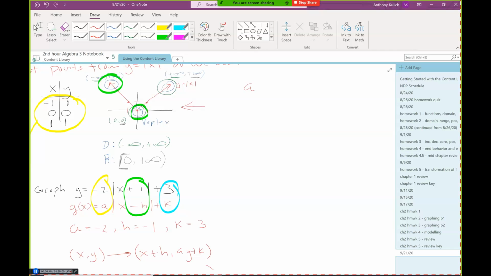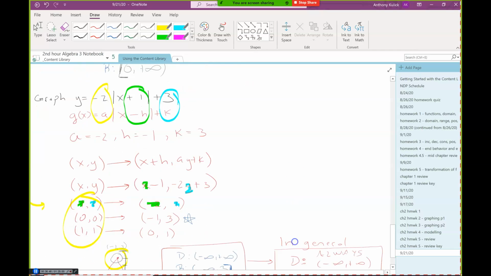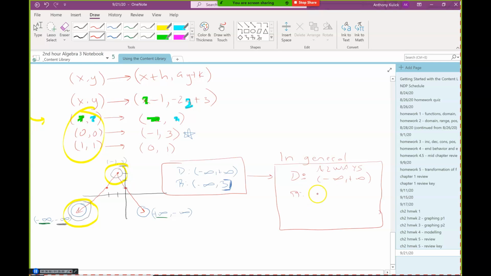So there's two things that the range is going to depend on. It's going to depend on the sign of A. So if A is positive, one thing is going to happen. Or if A is negative, something else is going to happen. Is everybody okay with that?